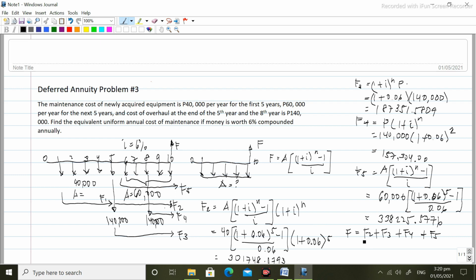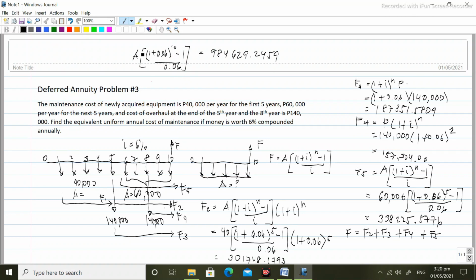So, pagka inadd mo yan, meron tayong, sulat ko dito sa taas, yung F1 to F5, meron tayong summation na 984,629.2459. And then, equate natin to, diba, yung F. So, meron tayong A, and then 1 plus I, so the same, 6%, 0.06, raised to N, so ilan yan? 10 years pa din, minus 1, divided by 0.06.